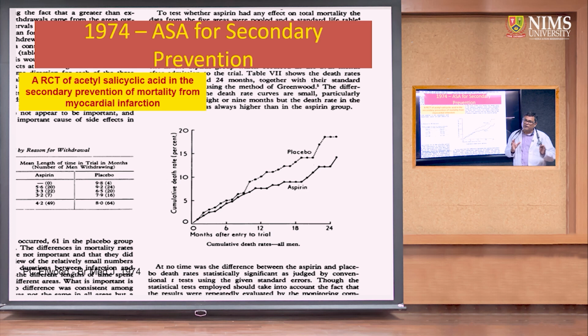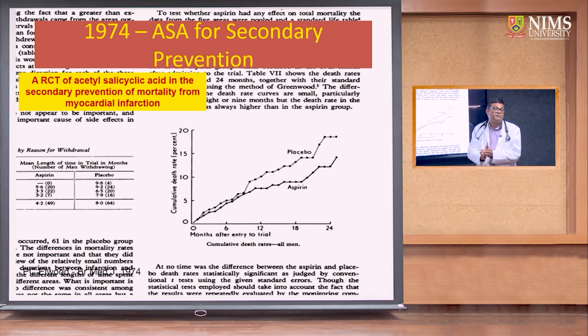As I told you, classically what happened was, in a heart attack patient, before all this era, it was found that heart attack patients had 10% mortality at the time of presentation, 10% mortality in hospital, and 10% mortality within 1 year. So overall within 1 year, 30%, 1/3 of the patients of heart attack died. With aspirin, this mortality became half.